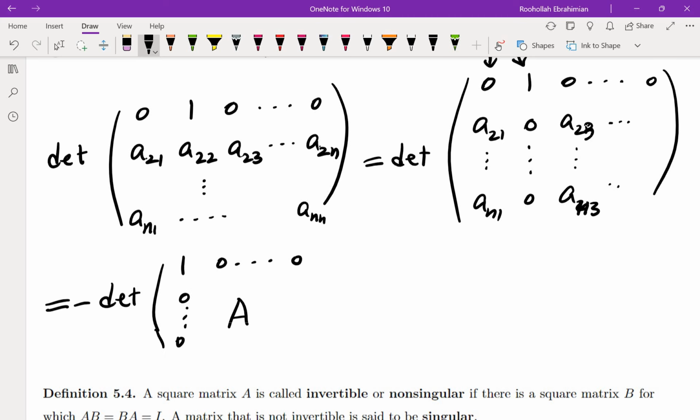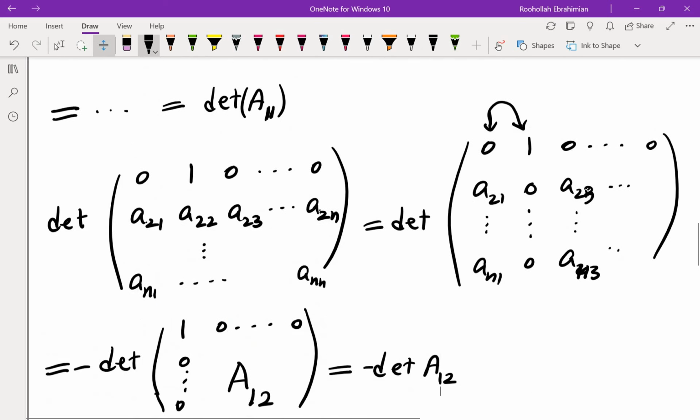is A sub, we remove the first row and the third and the second column. And this is negative determinant of A12. And it's going to be very similar for the other ones as well.